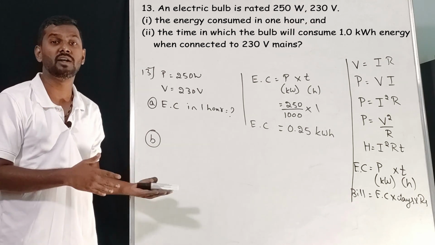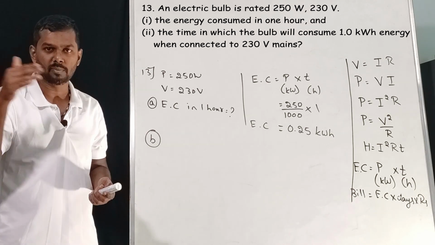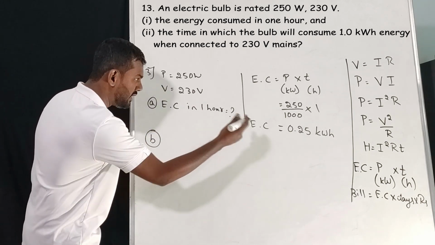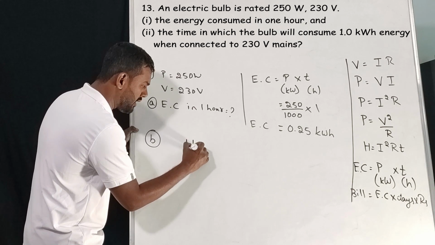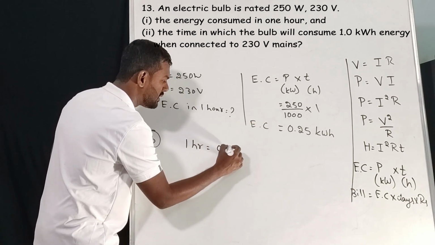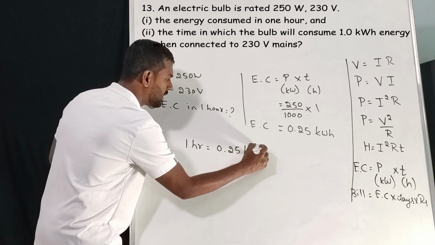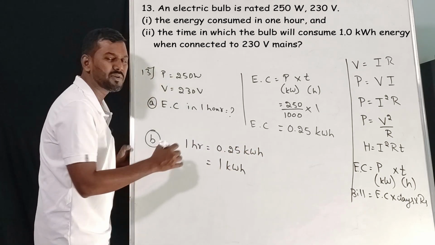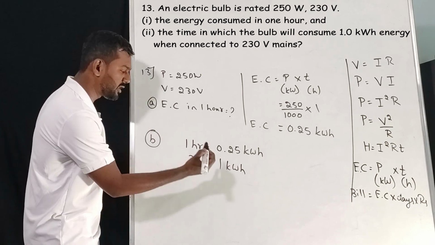In mathematics we have learnt the unitary method, right? Cross multiplication. That is what we are going to use here to get the answer. Listen, I'll use it, then you will understand. For 1 hour, the energy consumption will be 0.25 kilowatt hour. They are asking for 1 kilowatt hour how much time it will take. That is nothing but x.